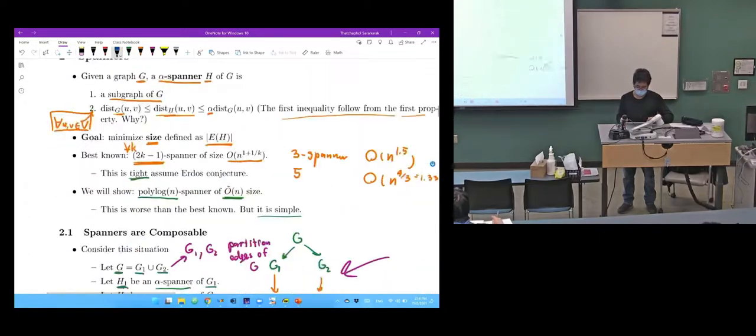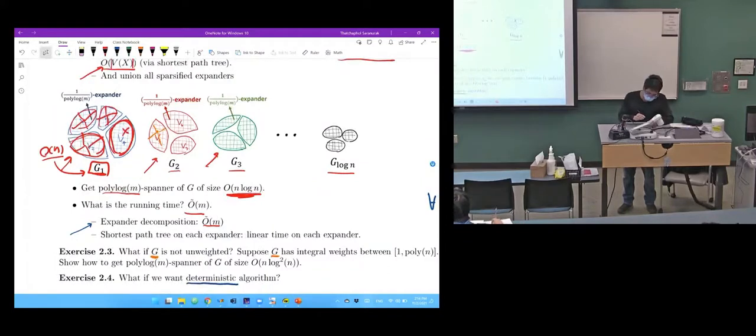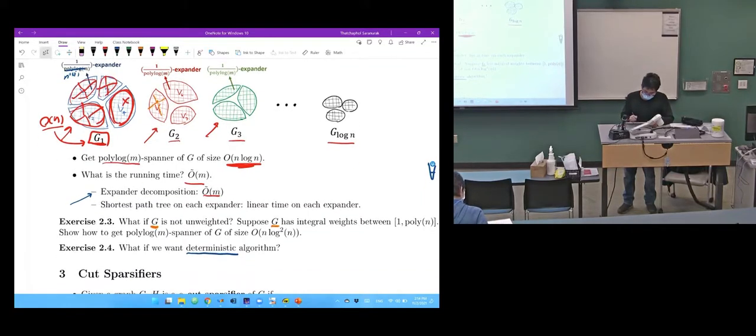Everything follows the same way, but you just set phi to be little-o(1) here, so that this is going to be a little-o(1) expander, and you just repeat everything.